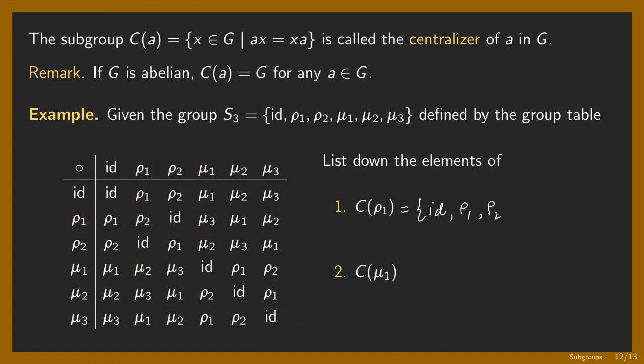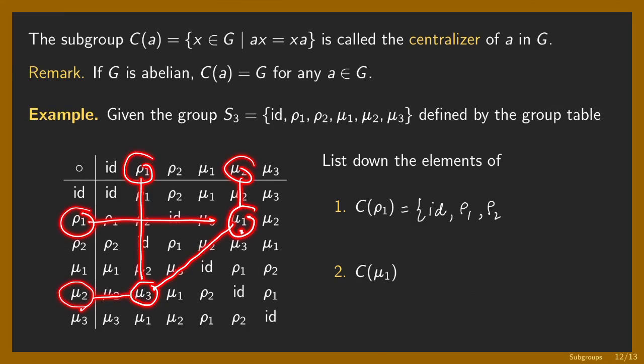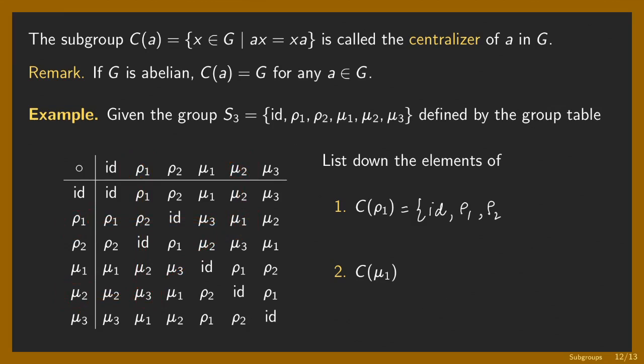So, hindi mo ilalagay dito yung mu1. How about mu2? Multiply by row 1, ito yun. Reflect about the main diagonal, ito siya. Parehas ba? Hindi. So, again, mu2 is not in the centralizer of row 1. So, we will not write it. Now, you can check that mu3 is also not an element of the centralizer. So, this is a subgroup of order 3, and this is the centralizer of row 1.